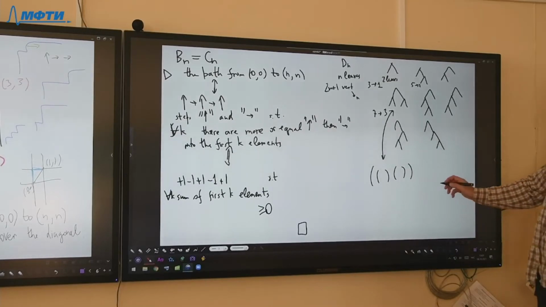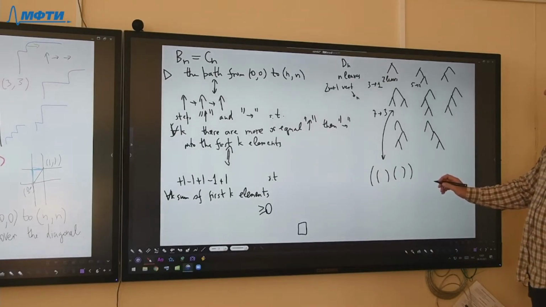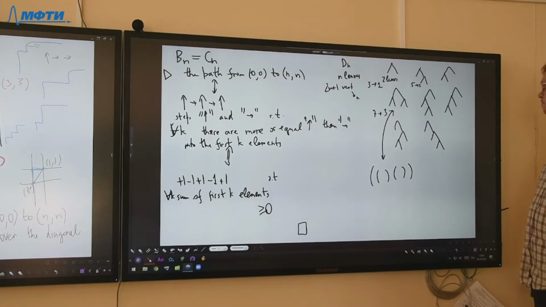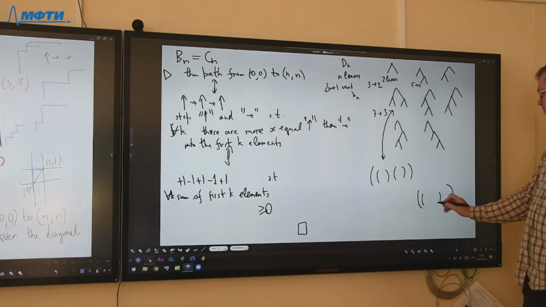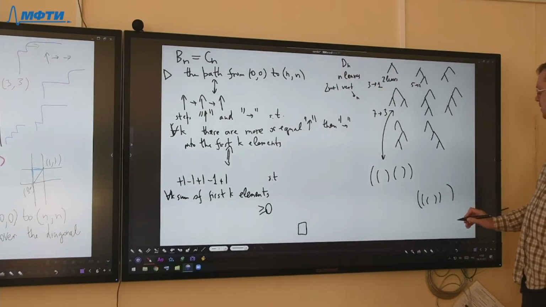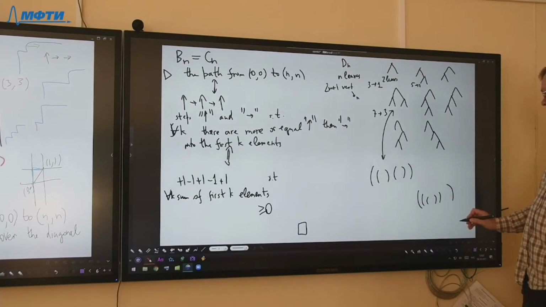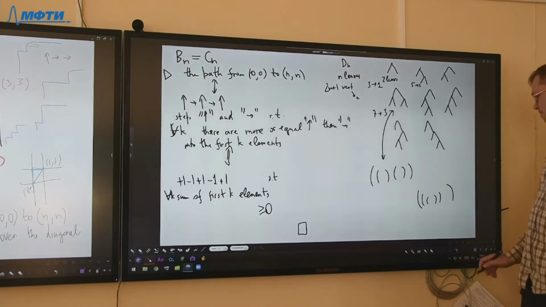The rest would be also similar. Wait a minute. Yes, we have one blank. No, no, it would be 2 inside each other and 1 alone.